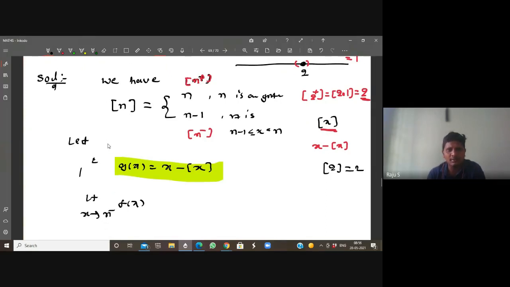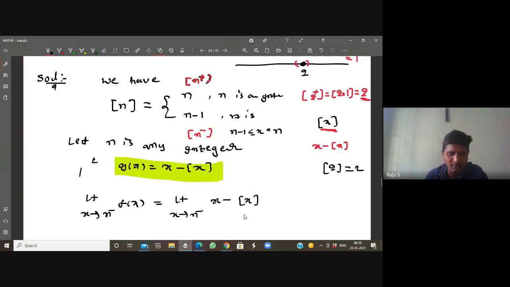Let small n be any integer. At that integer, I want to find the limit. So this is the limit as x tends to n minus, where the function value is clearly x minus the greatest integer of x. Am I right?